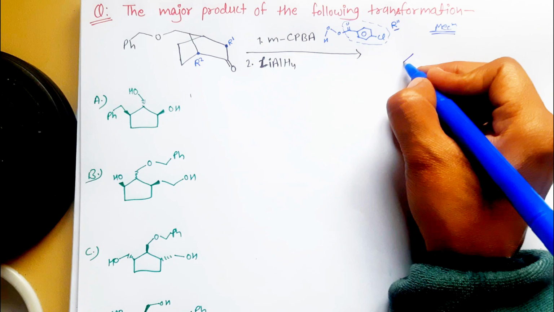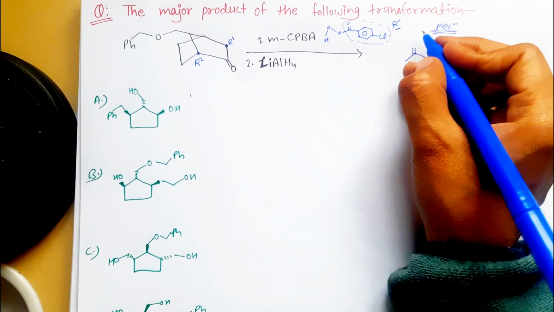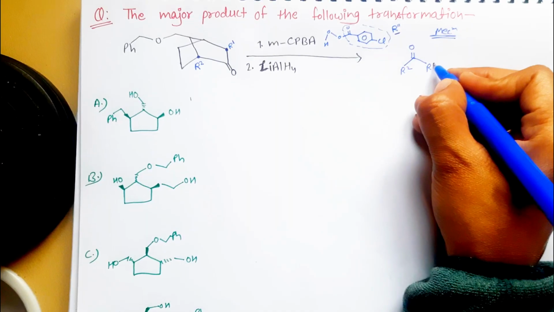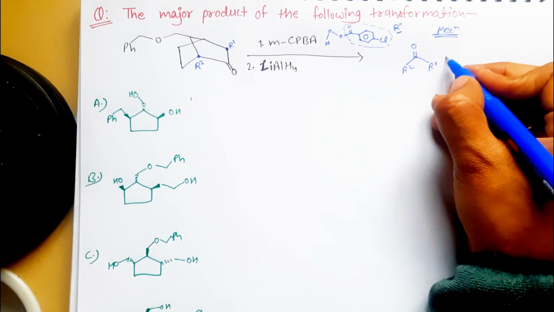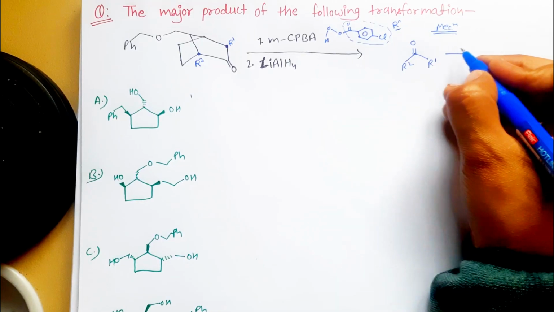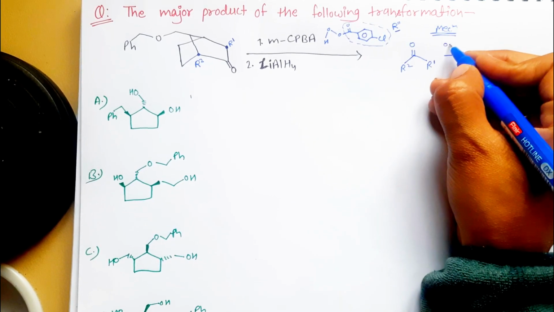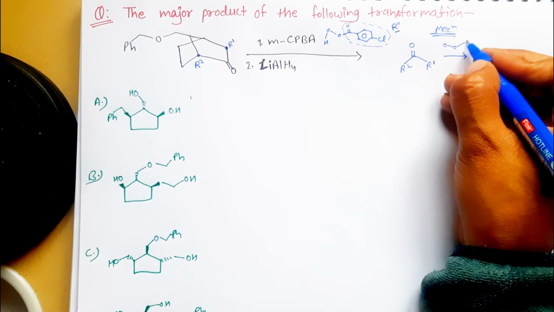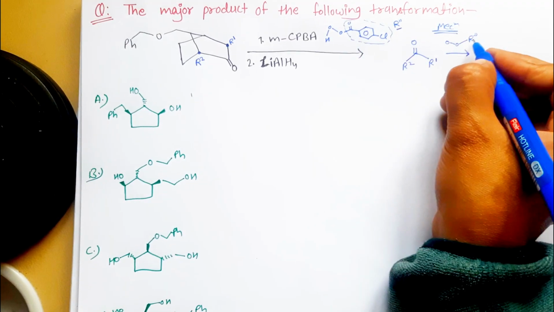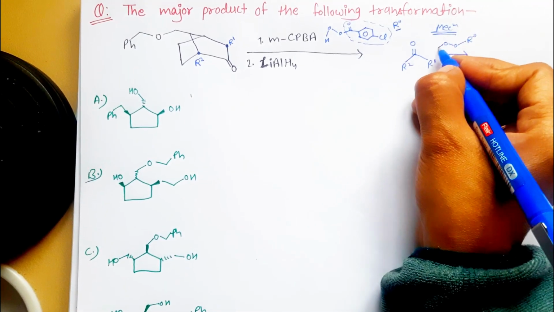First we take our cyclic ketone like this. Here we take R2 and here we take R1. First we treat it with this metachloroperbenzoic acid. Here we draw this group R double dash.